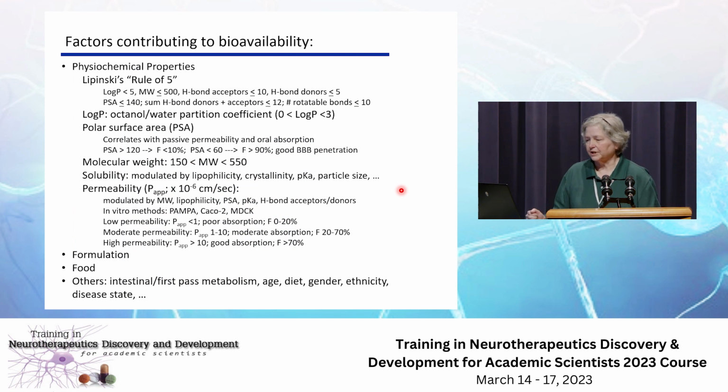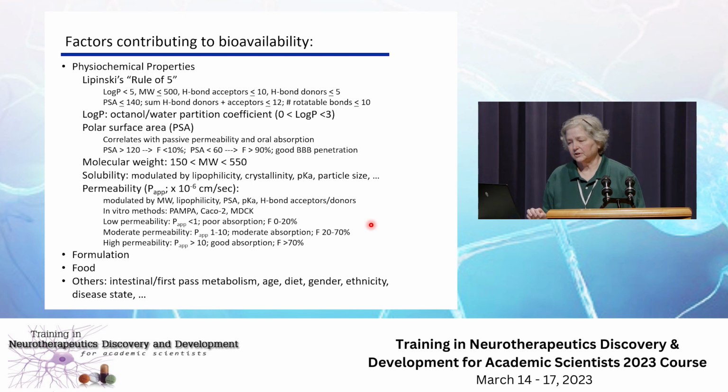I don't want to go into a great deal of detail on this. Many of these topics were covered by Jim in the previous discussion. But these are the many, many parameters that can have an impact on oral bioavailability. Lipinski's rule of 5, polar surface area, molecular weight, solubility, permeability.